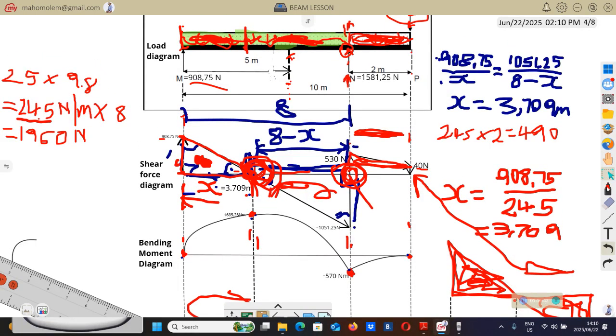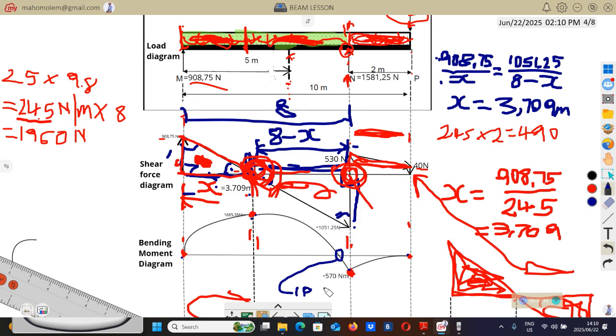And then lastly, where this bending moment diagram crosses the 0 line, or the horizontal line, at this point we're going to call it the inflection point. Inflection point. Let me say inflection point, IP.